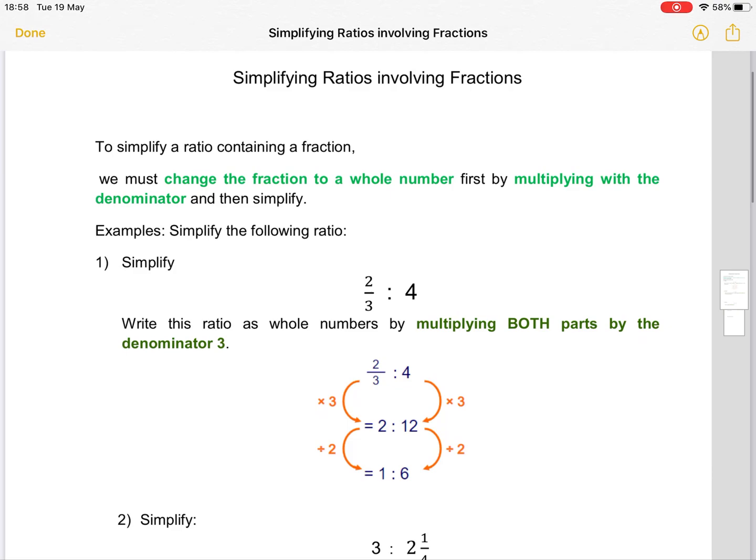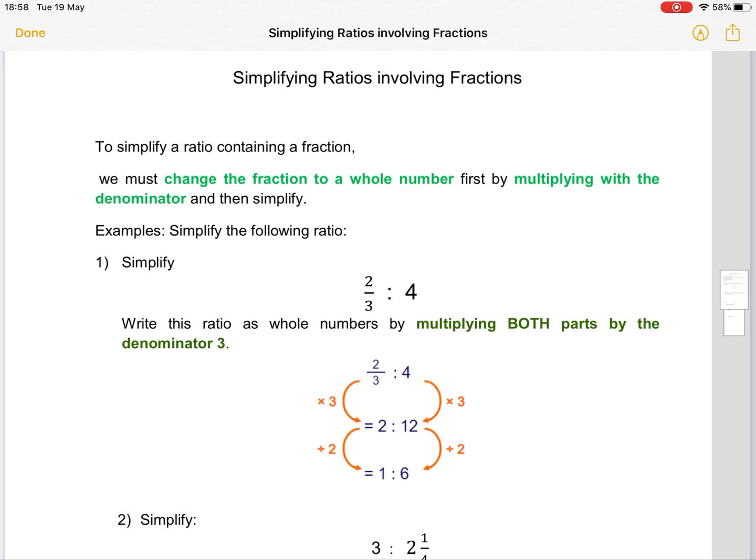We must multiply both parts, not only one part, because remember this is just like a fraction. If we multiply the numerator by a number, we must multiply the denominator by the same number, okay? So we need to multiply both parts by the denominator, and the only denominator that there is is 3. So I need to multiply both parts of the ratio by 3, okay?